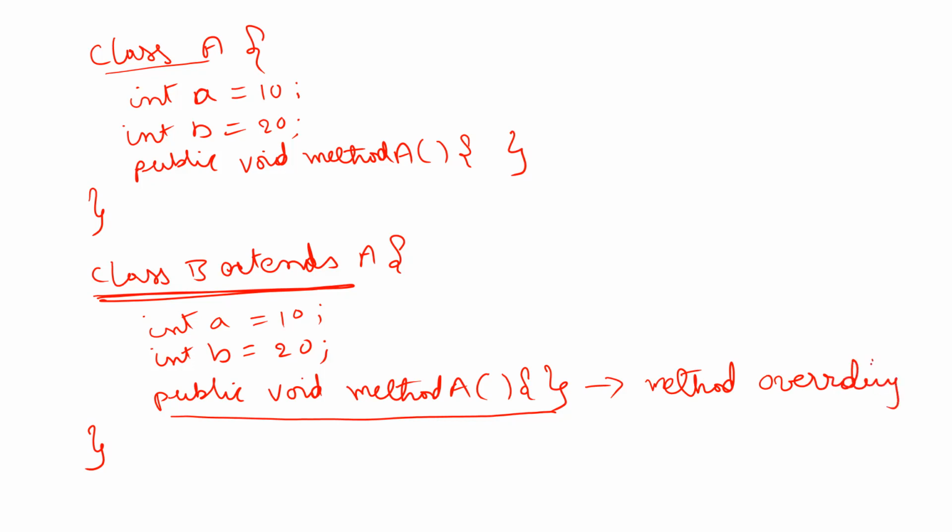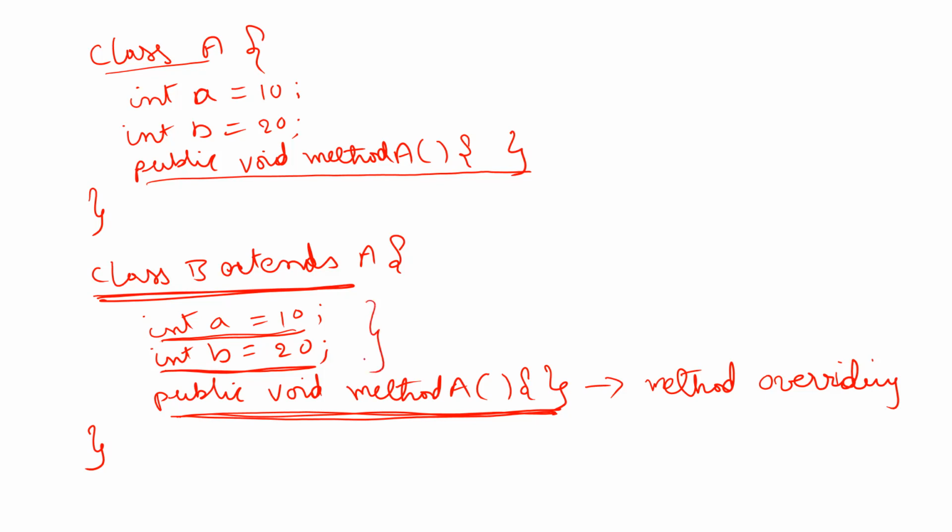Because we are declaring a method with the same name as that in the parent class. So this is called method overriding. But here we have declared the same variables also. So this is not called variable overriding.